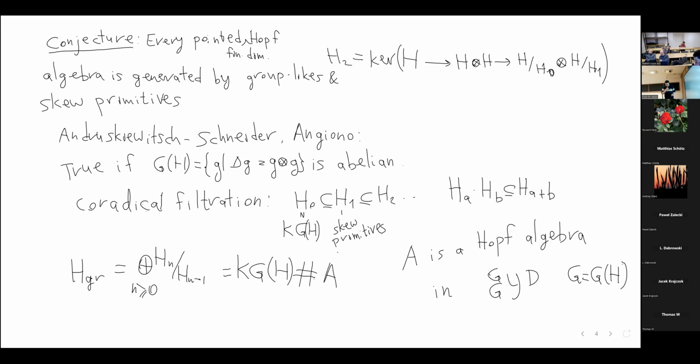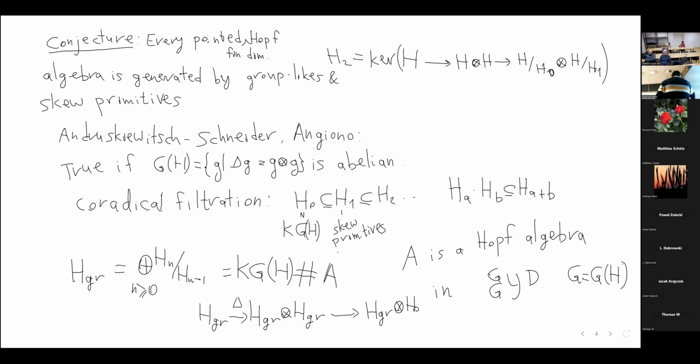The idea is, okay, I have a map onto H0. If I call this thing HGR, I can look at HGR going by delta to, I hope I'm not mixing the sides here, I apologize if I do. I take first delta to HGR tensor HGR, projecting onto K, and then I get HGR tensor H0, which is, as we said, just KG-H.